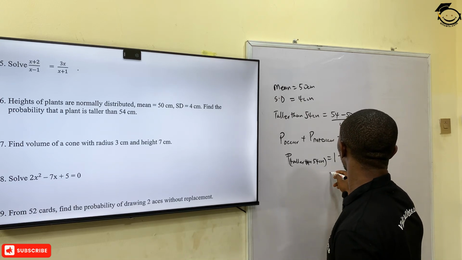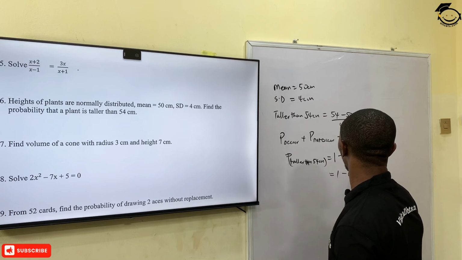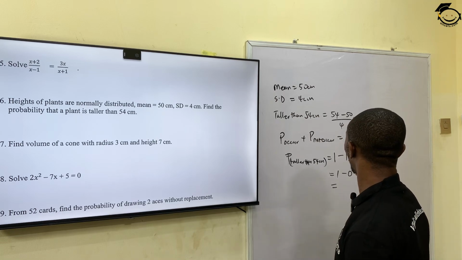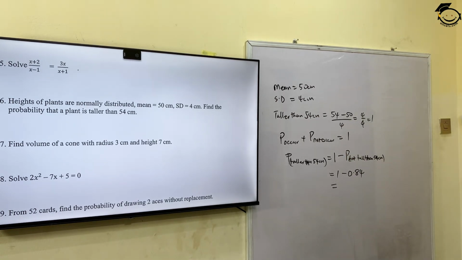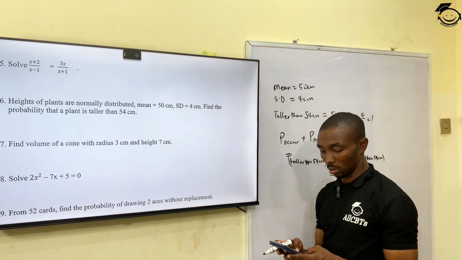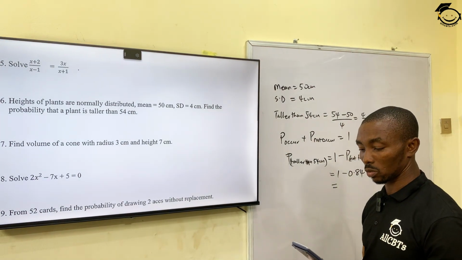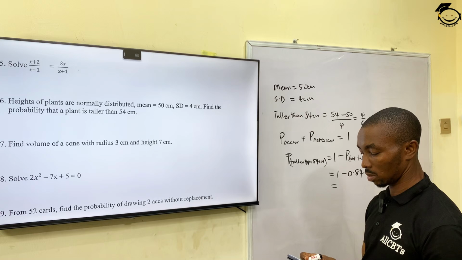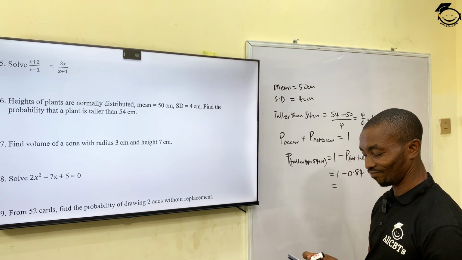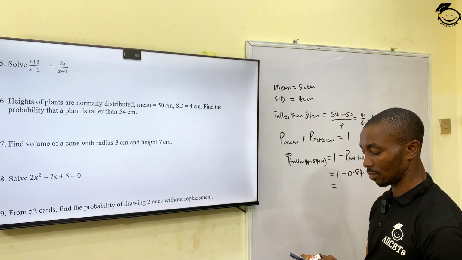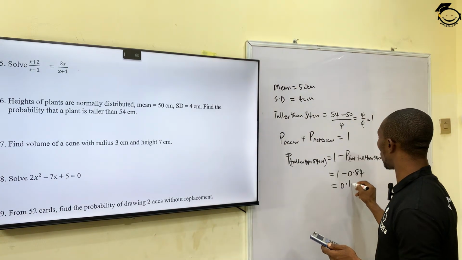Okay, now from our equation, we know that our probability of it not taller than 54 centimeter will become 0.84. So our probability of this will become 1 minus 0.84, which would give us 0.16.